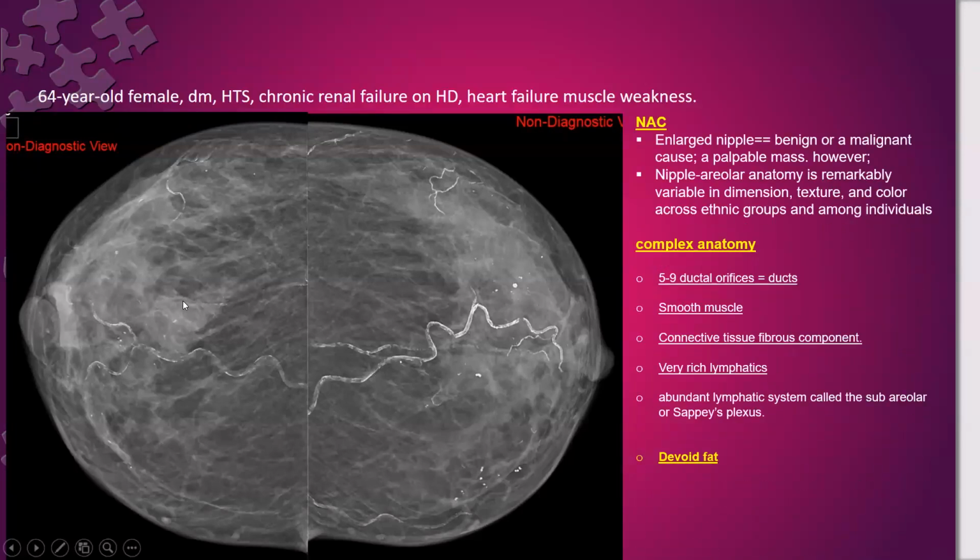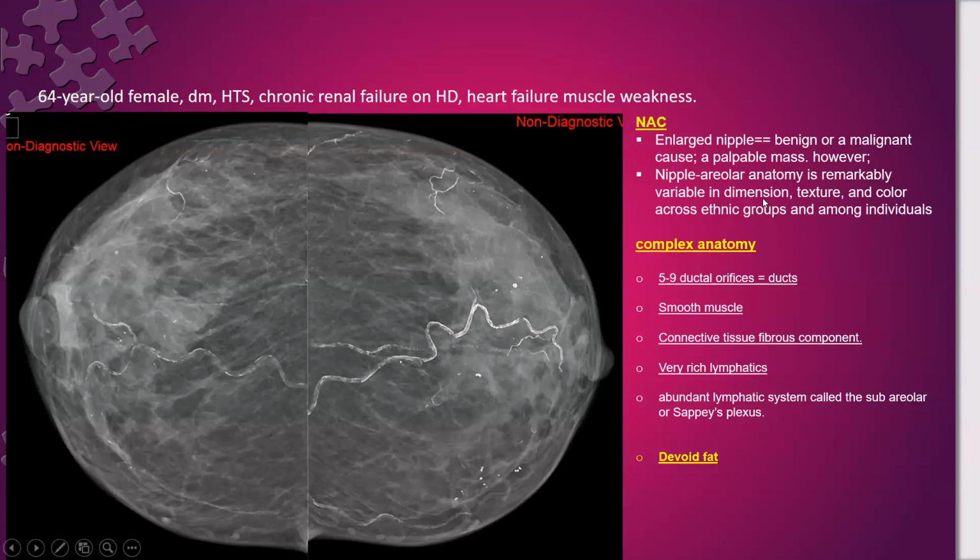What are the structures when you analyze the nipple, put in your mind? You see, enlarged nipple, it can be benign or malignant. Any palpable mass, nipple areolar anatomy, you have to think about it.